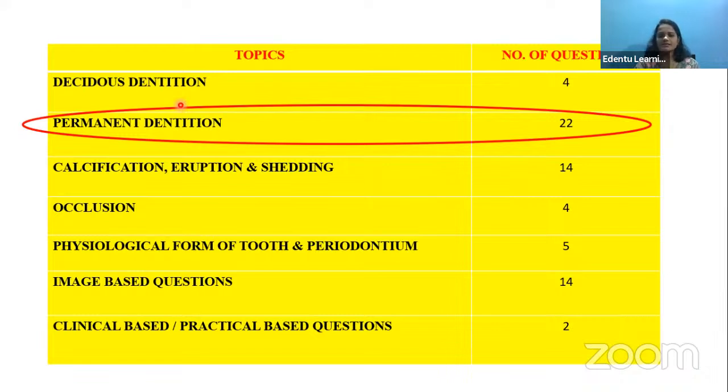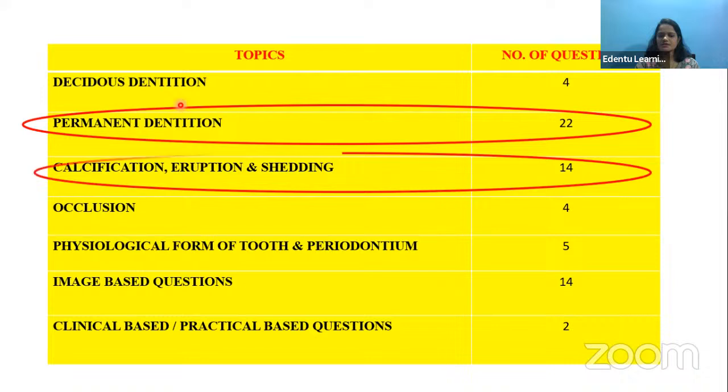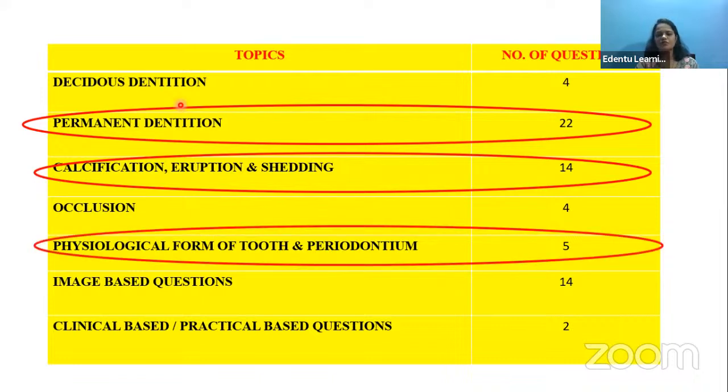The next commonly asked questions are from calcification, eruption, and shedding. Then we have the physiological form of tooth and periodontium also.